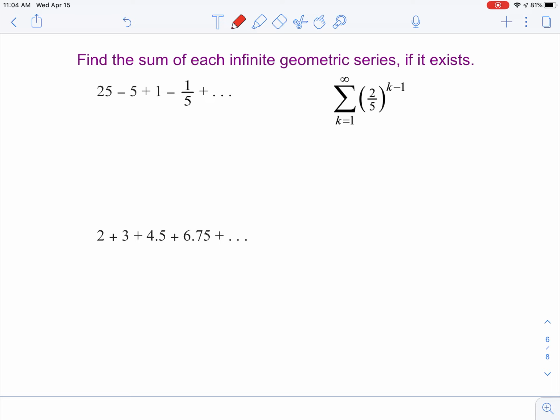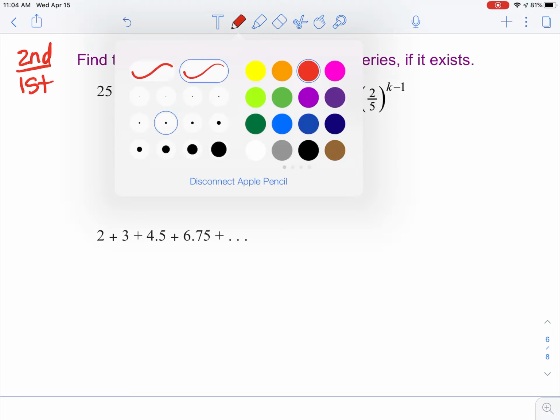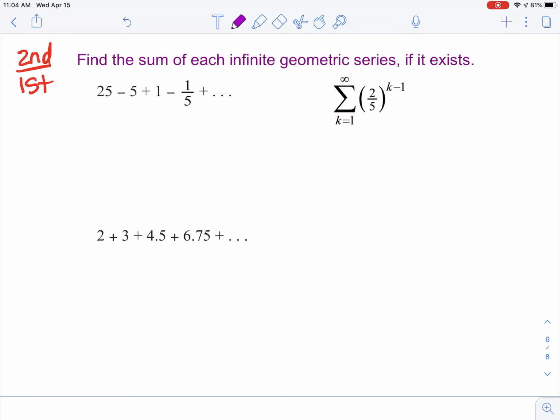All right, so let's do these. It says find the sum of each if it exists. So it tells us that these are geometric. So I always take your second value divided by the first. Here we go. So -5 divided by 25 gives us -1/5. Is the absolute value of -1/5 less than 1? Your answer is yes. So we can find the sum.